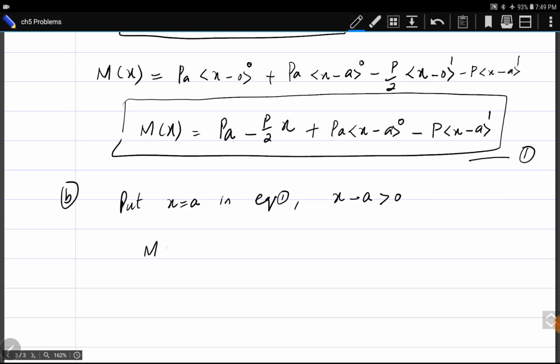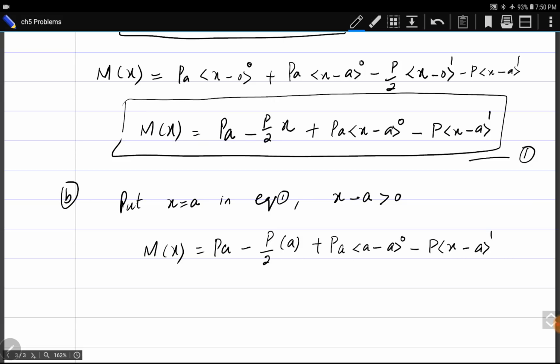Okay, M of x is equal to Pa minus P by 2 into a plus Pa into a minus a power 0 minus P into a minus a power 1.